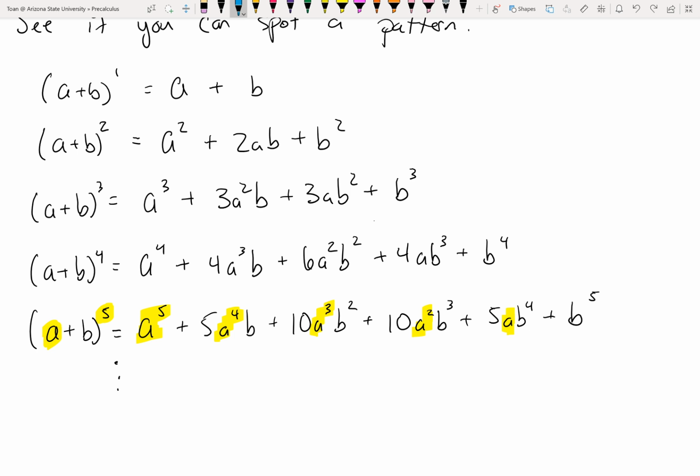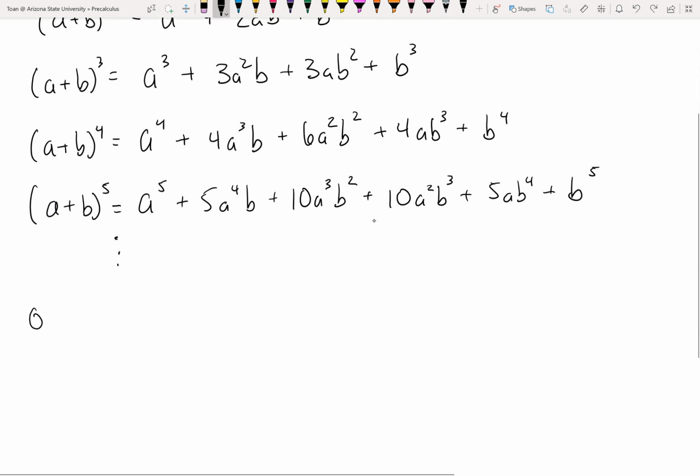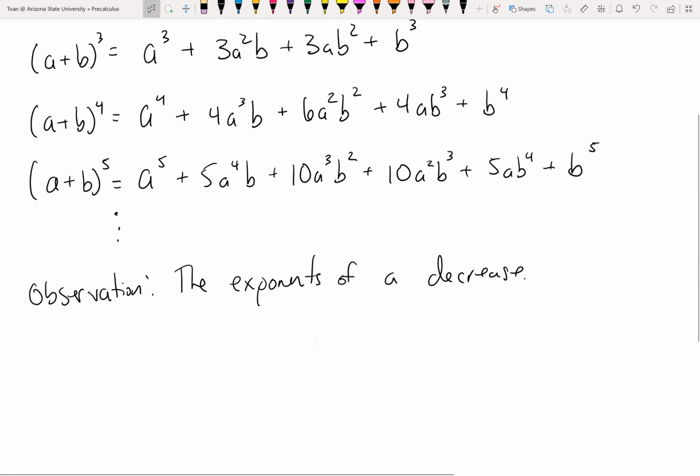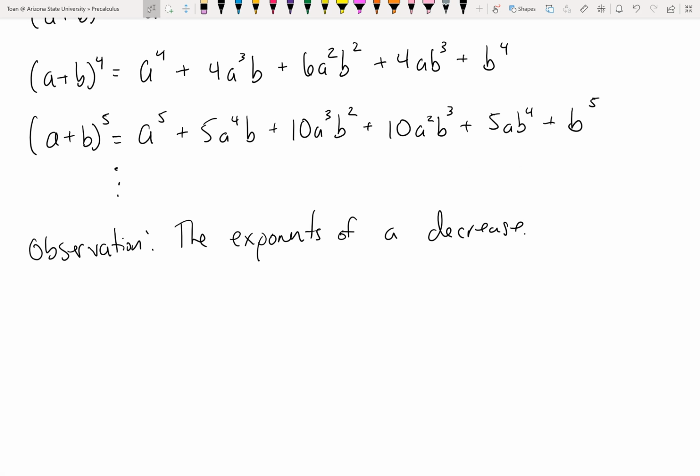So it seems like, at least for the very first terms, the observation that we see is that the exponents of a decrease.